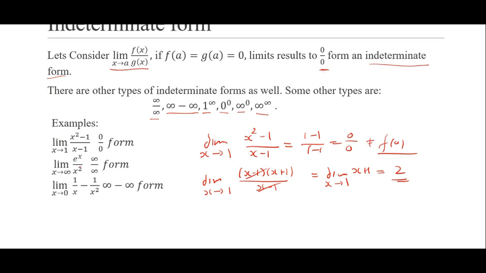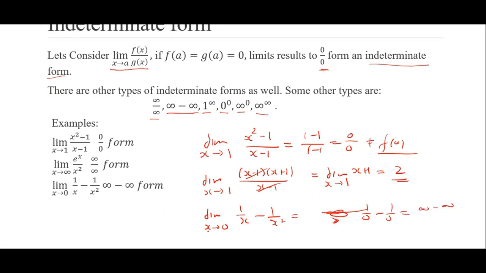Similarly, if somebody wants to find the limit as x approaches infinity of e^x / x². Again, when you put infinity, e^infinity is infinity, infinity squared is infinity, so it will be infinity by infinity. Similarly, if you want to find the limit as x approaches 0 of 1/x − 1/x², it comes to be 1/0 minus 1/0, infinity minus infinity.